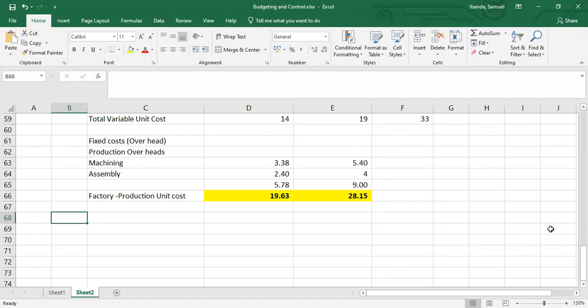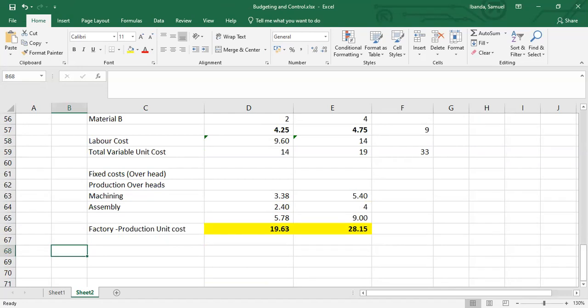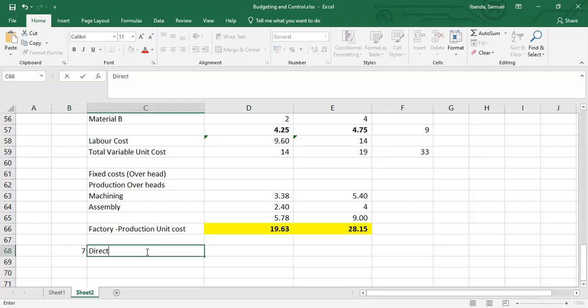So the next thing we needed to look at, after part 6, the factory cost per unit of each product, was part 7, which is also part H, asking for the direct materials purchases budget.